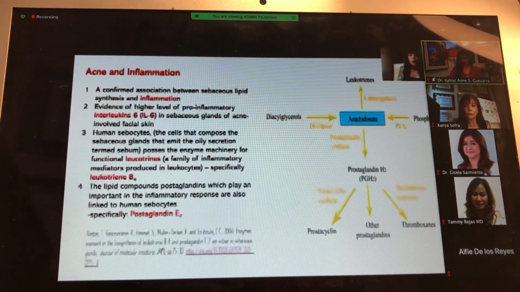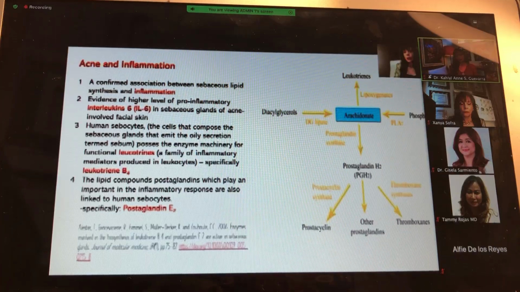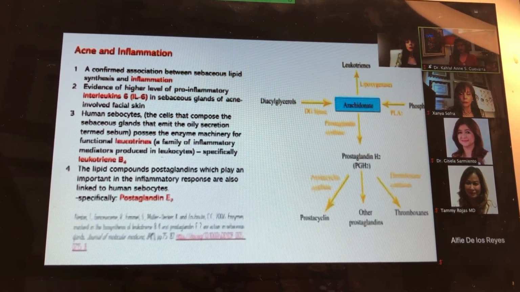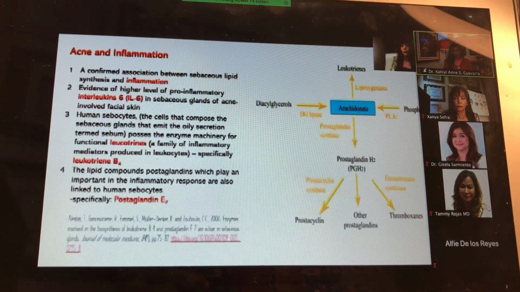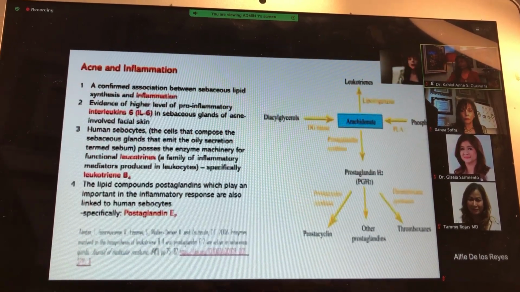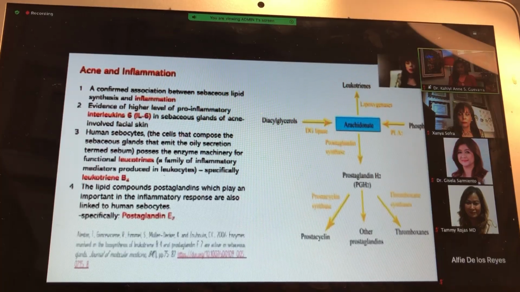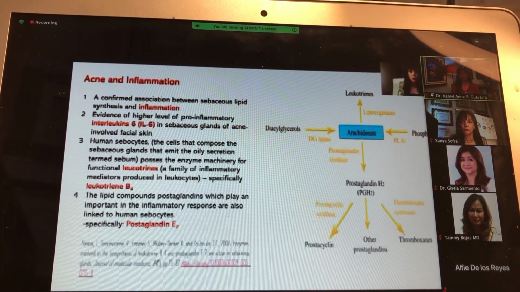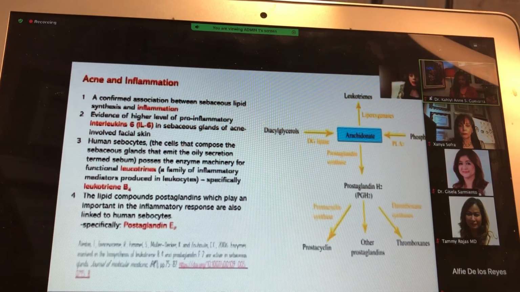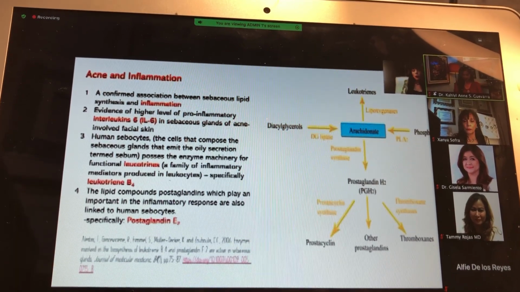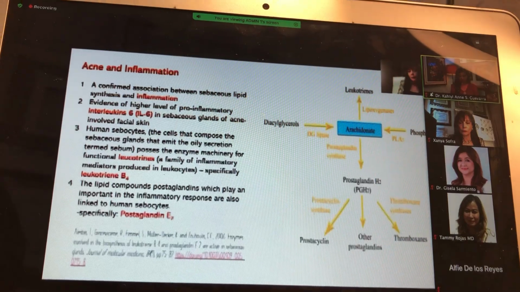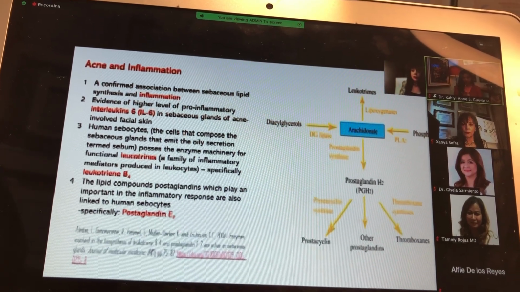Now, acne and inflammation. Acne is very connected to inflammation, especially adult acne, and studies confirmed the association between sebaceous lipid synthesis and inflammation. There is evidence of a higher level of pro-inflammatory interleukins in human sebocytes, the cells that compose the sebaceous glands. Lipid compounds, prostaglandins, also play an important role in the inflammatory response and are linked to human sebocytes, specifically prostaglandin E2.